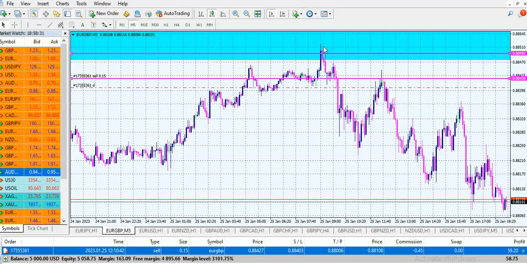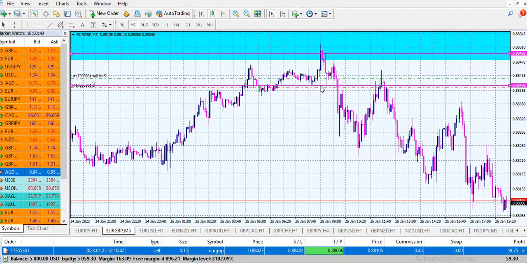So once it got to that supply area, now what do you want to see? We want to first of all mark out where it was the last support, in this case of a sell setup. So we're like, okay, what is the last support before the price went into that supply?